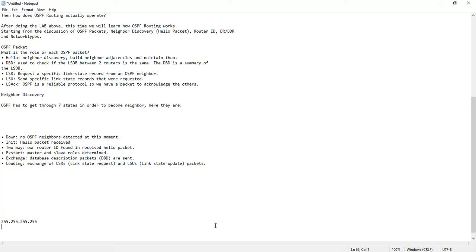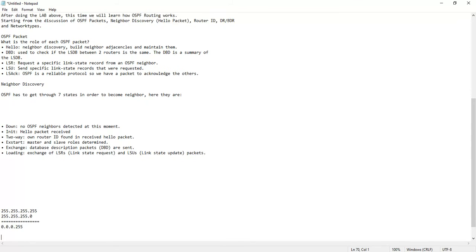So the router 1 subnet mask is 255.0. If we reduce this subnet mask, the result is 0.0.0.155, right?